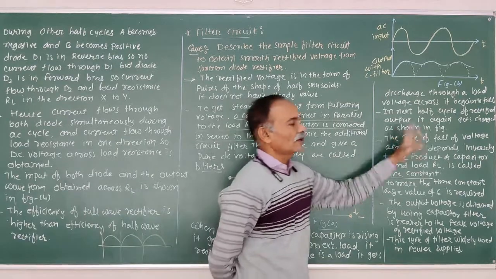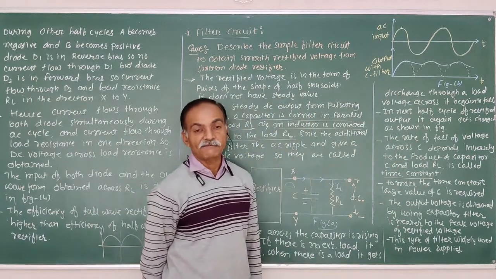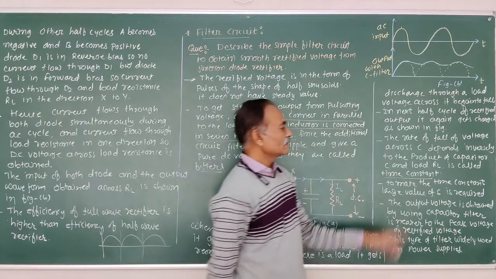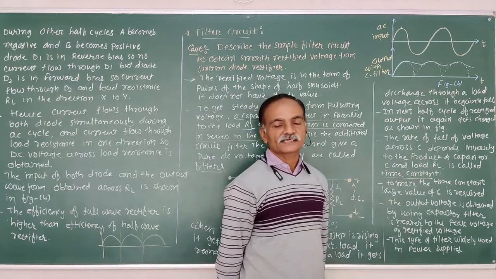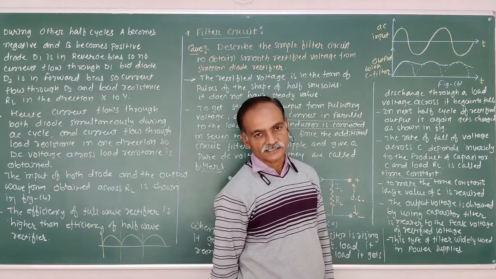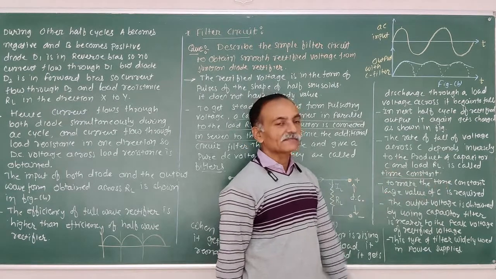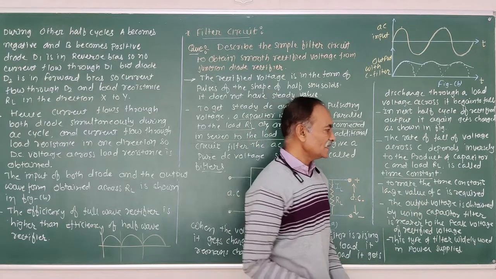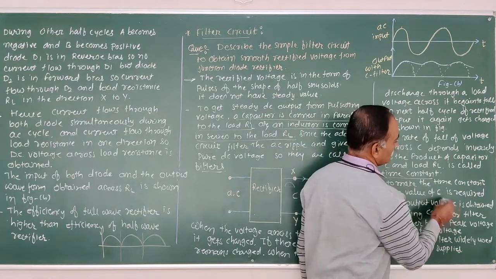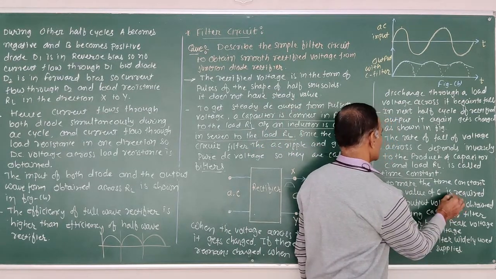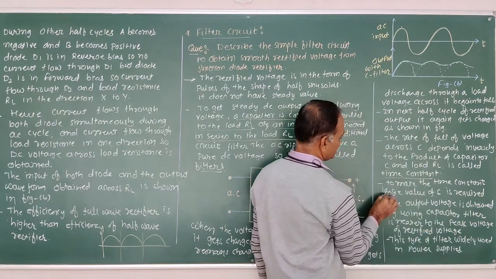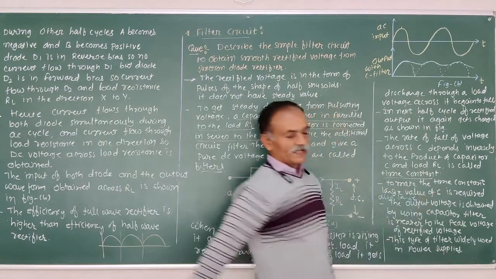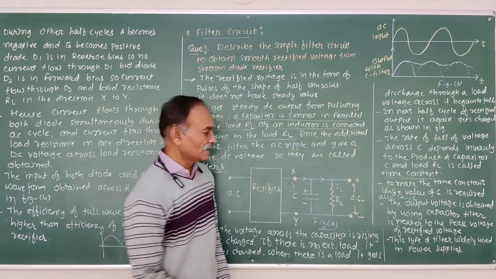The rate of fall of voltage on the capacitor depends inversely on the product of the capacitor and the load resistance, and that is known as the time constant. To make the time constant large, the value of C is required to be large.